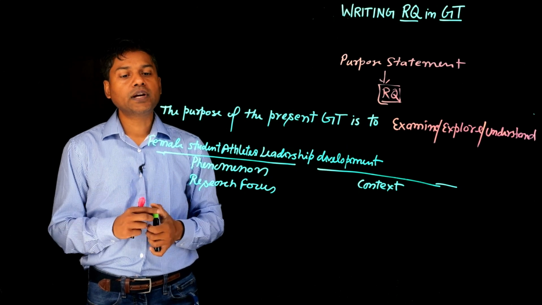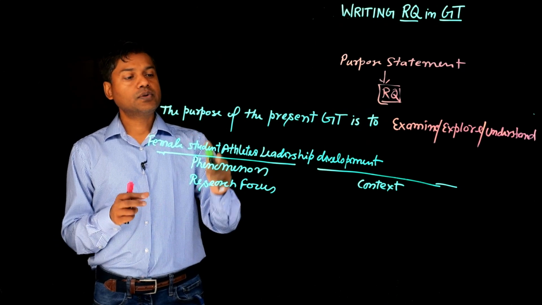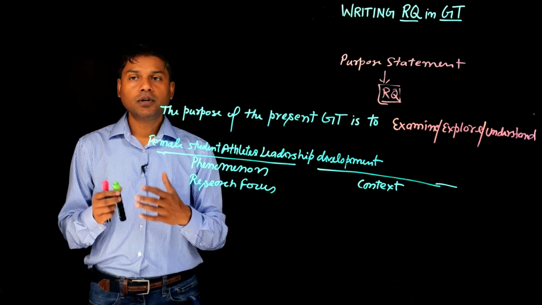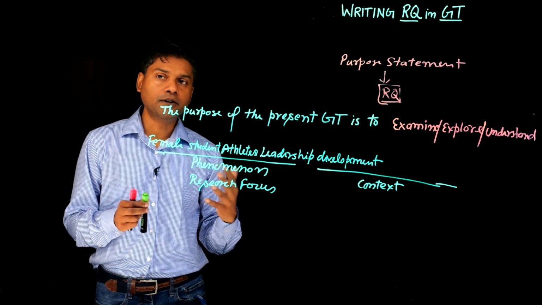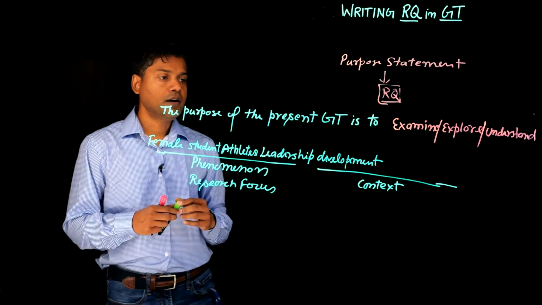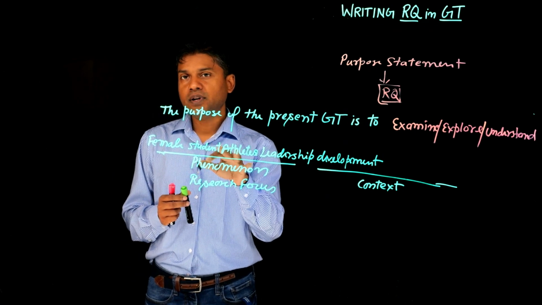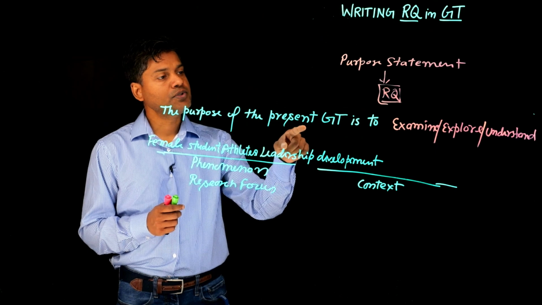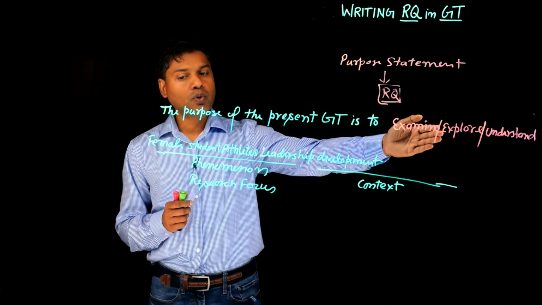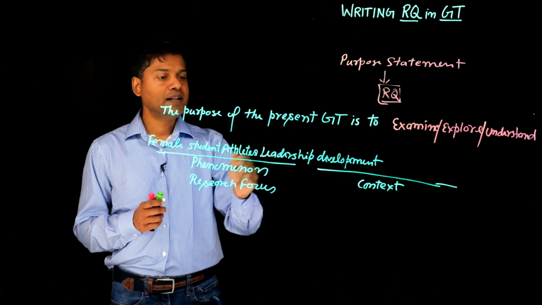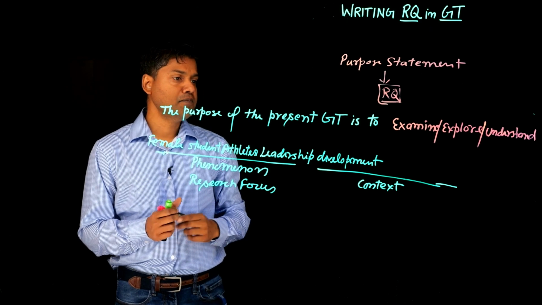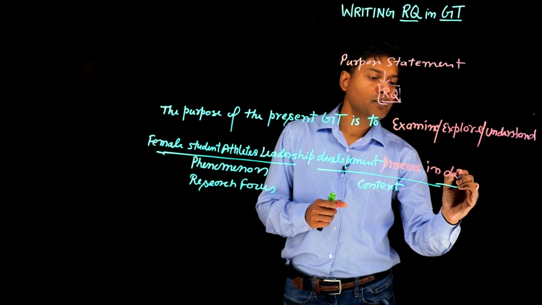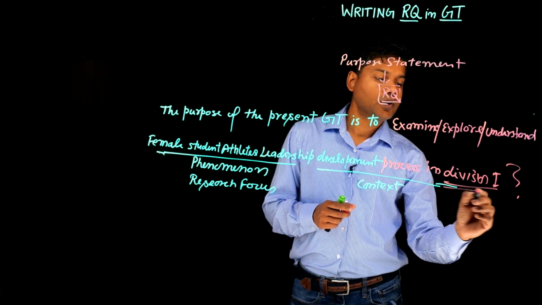I want to understand what the process of leadership development looks like among female student athletes. So let's read it again. The purpose of the present grounded theory is to explore female student athletes' leadership development process in Division 1. So Division 1 is the context.